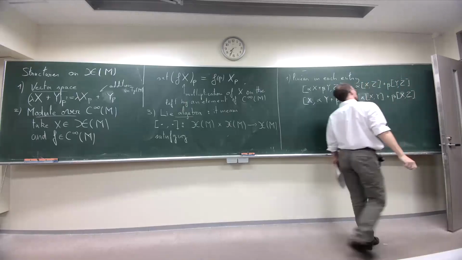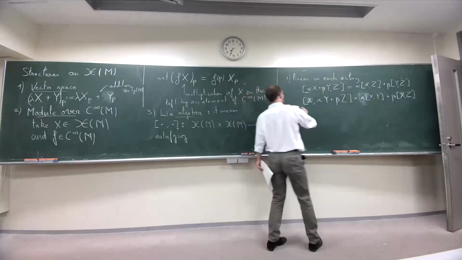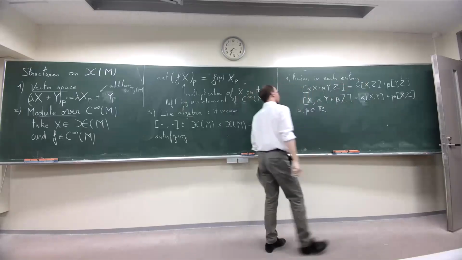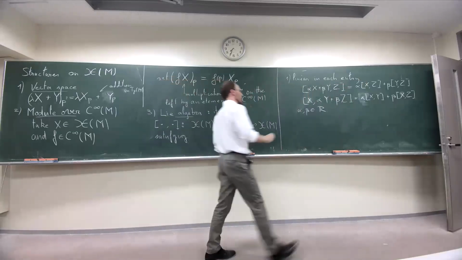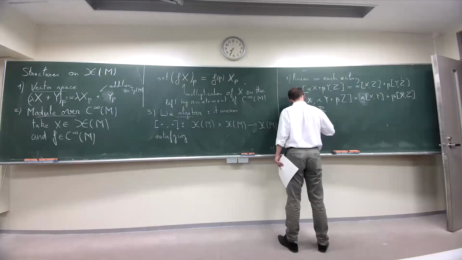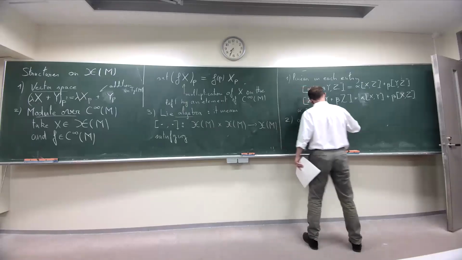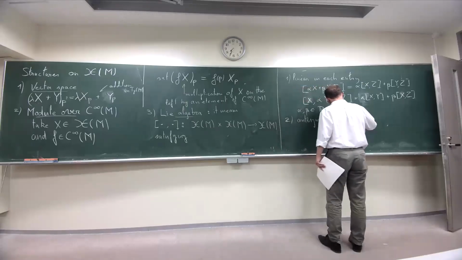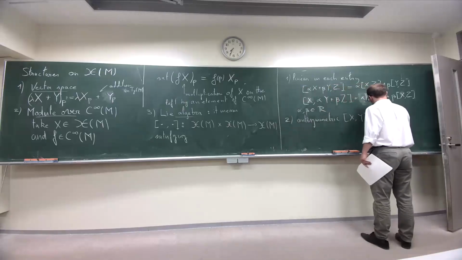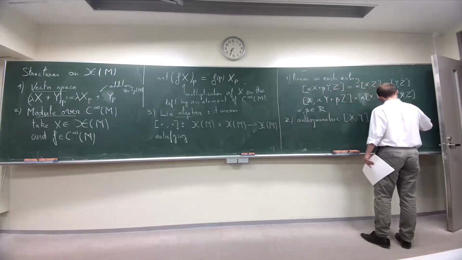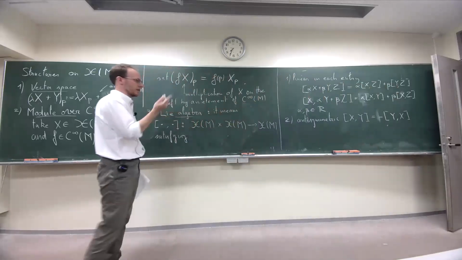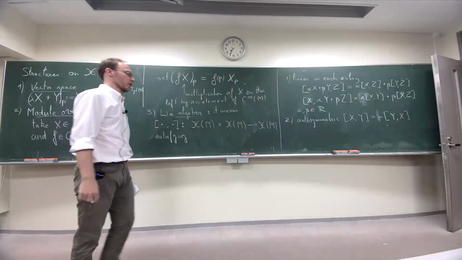This is the linearity in each argument. Alpha, beta are just real numbers. Second property, it's anti-symmetric. So if you exchange X and Y, you get a minus sign: it's minus [Y, X]. If you exchange the two arguments, it gives you a minus sign.